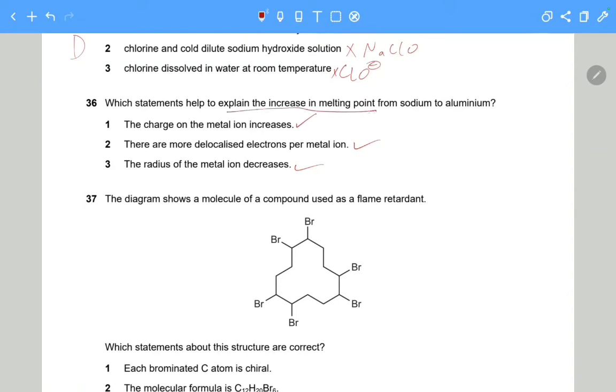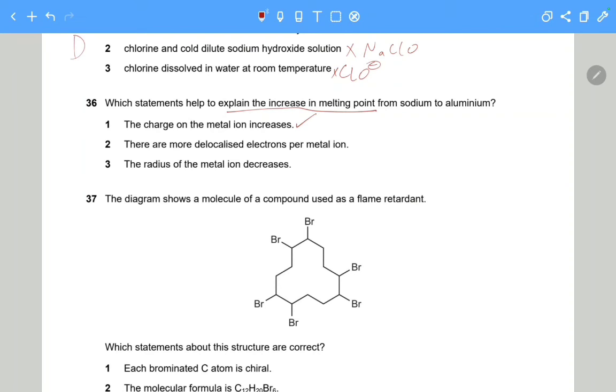It says explain the increase in melting point from sodium to aluminium, and it does not talk about the characteristics of the metal. And as far as these options go, only the first one explains the increase in the melting point from sodium to aluminium, because the metallic bonds will only be stronger when the force of attraction between the metal ion and the sea of electrons becomes stronger.